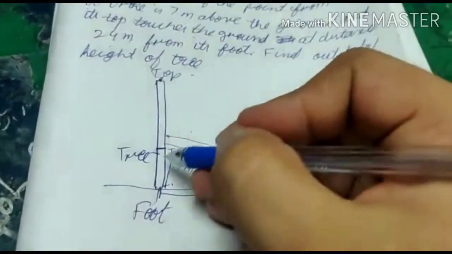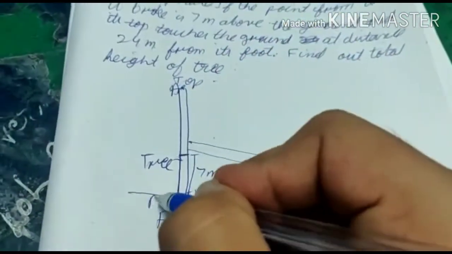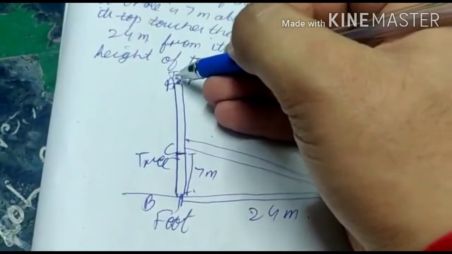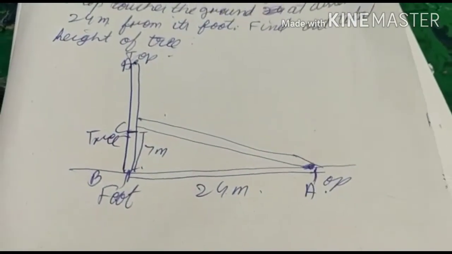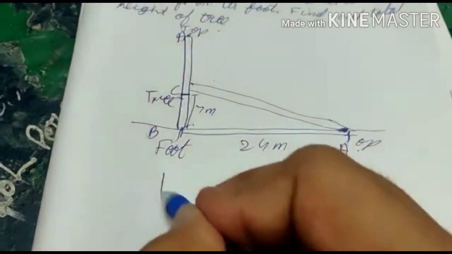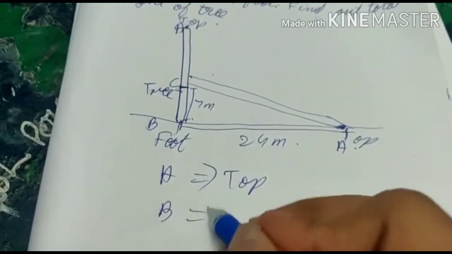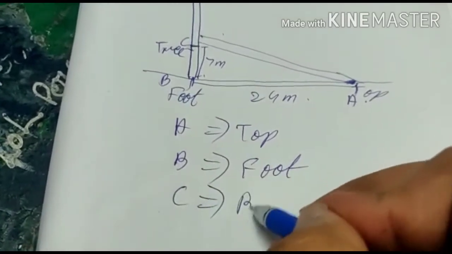Total height is this. If we call it A, B, and it broke from point C, so this AC fell down. This A point came here. A is the top, B is the foot, C is the broken point.